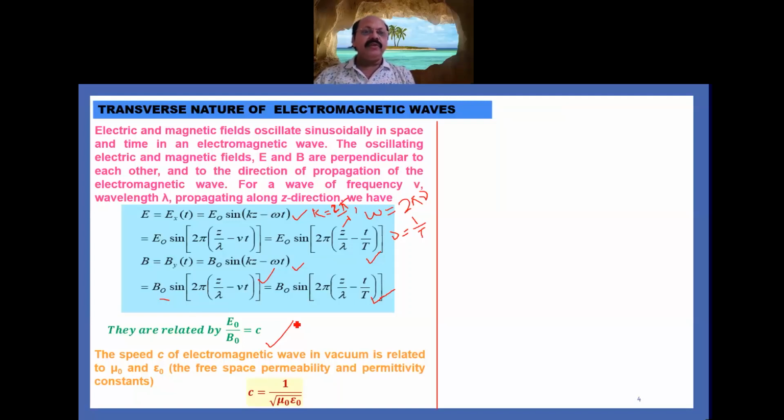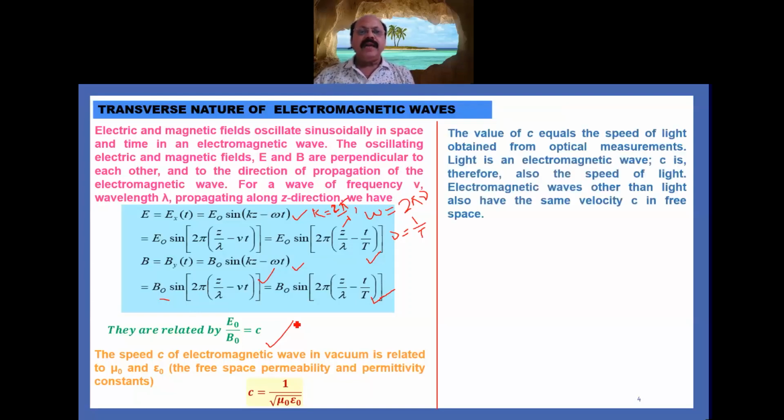When you substitute the values of mu naught and epsilon naught in this equation, the value of c comes to be 2.99792458 into 10 to the power 8 meter per second, which is approximately equal to 3 into 10 to the power 8 meter per second, which is the speed of light. So that's why we say that the value of c equals the speed of light obtained from optical measurements.